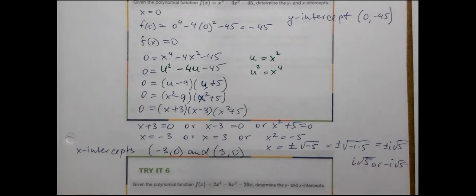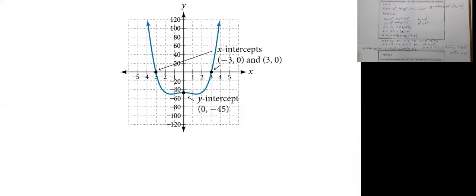What does the graph look like? Here we have a graph of this function, and we have 2 intercepts, (-3, 0), (+3, 0), and one y-intercept. And how many turning points do we have? Well, we have 1, 2, and 3. 3 turning points.